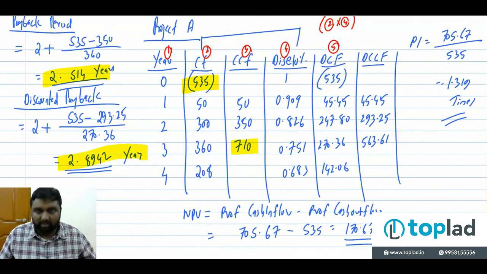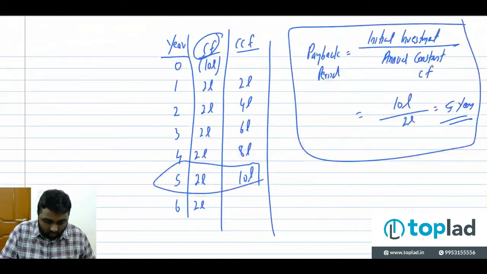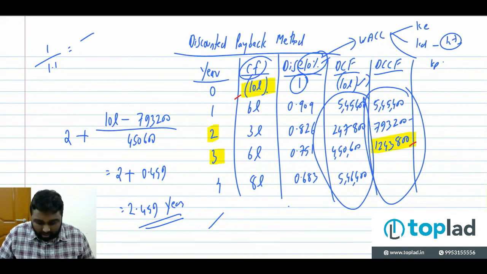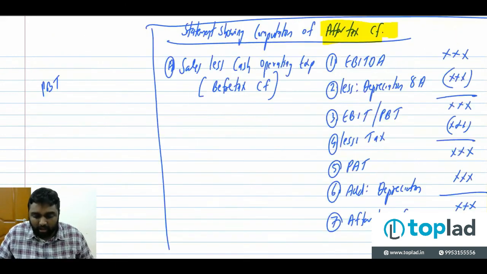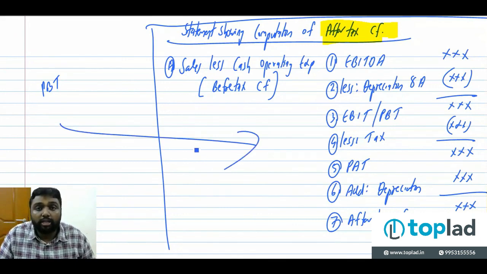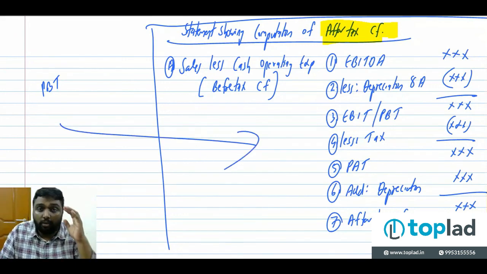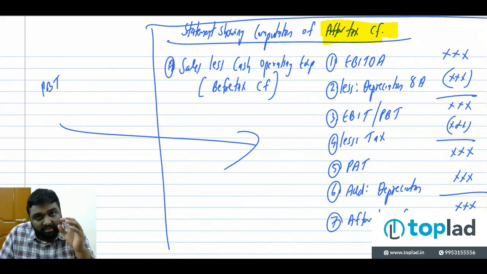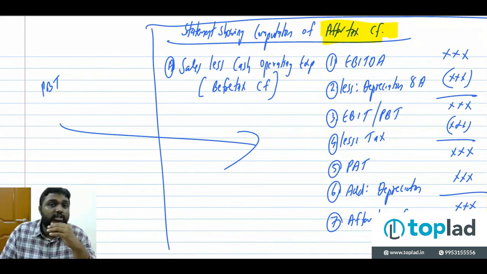Let me remind you what we have discussed: all the methods, payback period, discounted payback, NPV, and profitability index. The concept of computation of after-tax cash flow, so far we have not tested. It is one of the important areas in capital budgeting. Since we are starting with the basics today, it is not tested, but in the coming classes we will test it because this concept is very important.